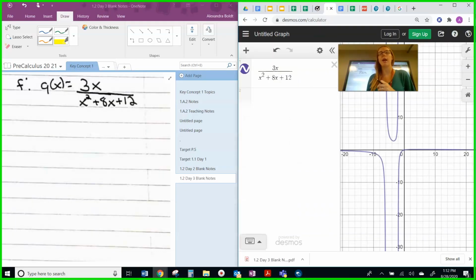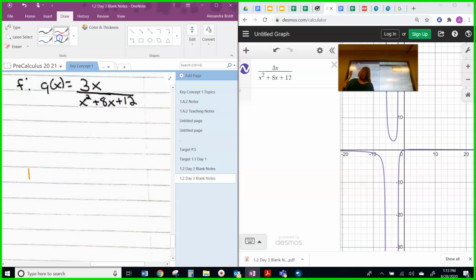Okay. So our asymptote here is at y equals 0.